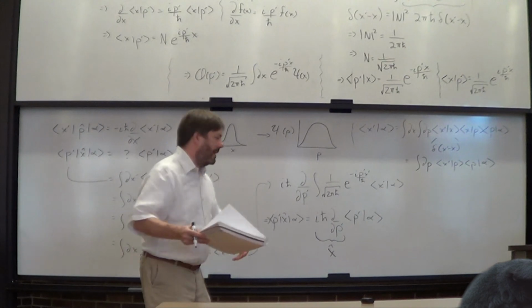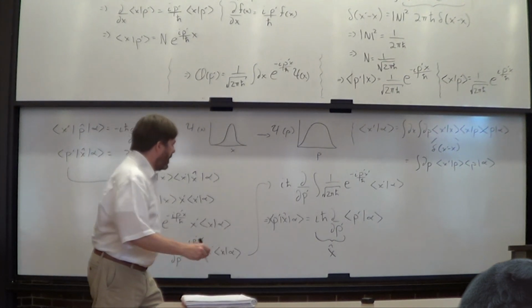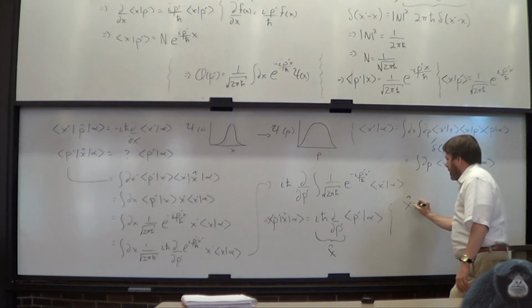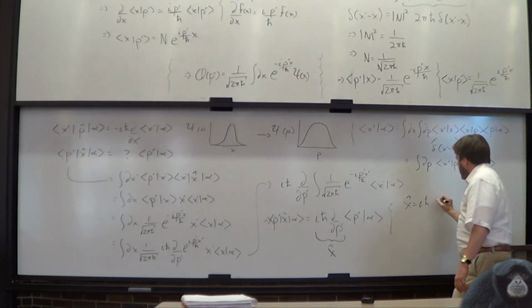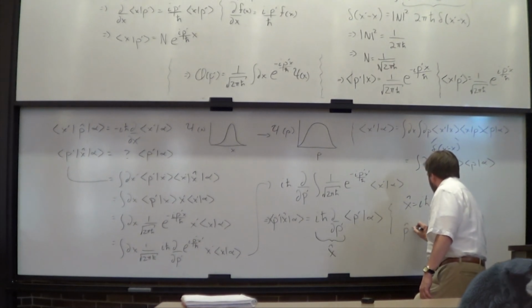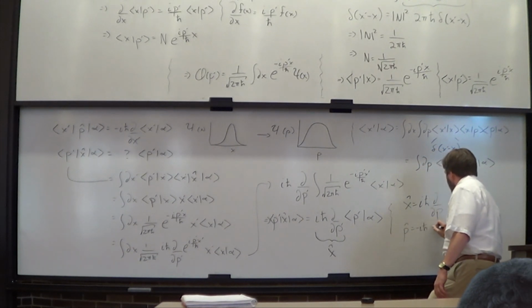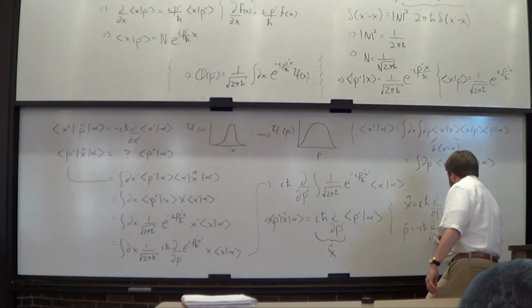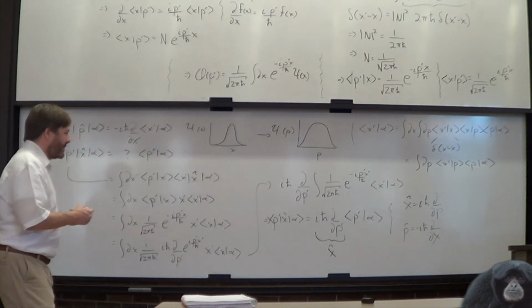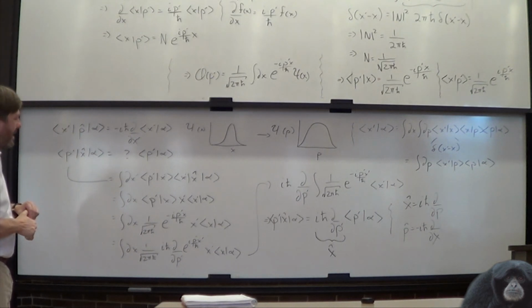Sorry, you're late. Okay, my point being that the X operator is i h bar d/dP, and the momentum operator is minus i h bar d/dX. It's kind of cool. They're really similar. That's what this proof does.